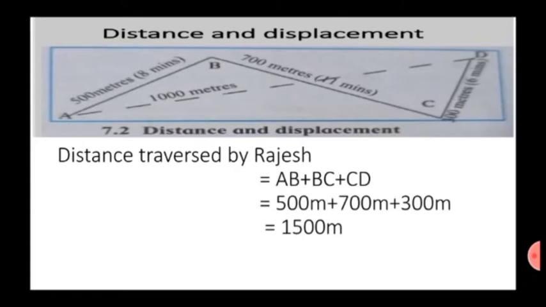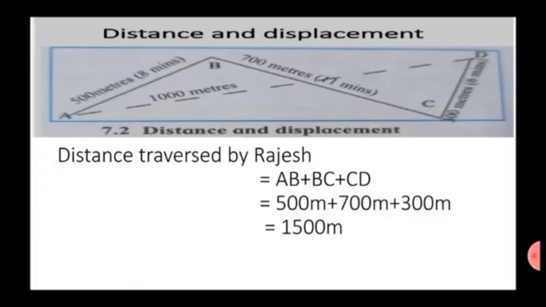Now, what happened? Ranjit traveled from home to school. So, AB plus BC plus CD is the distance traveled by Ranjit, irrespective of the direction. You can see the dotted line over here. That is the minimum distance traveled by Ranjit from A to D, from house to school.